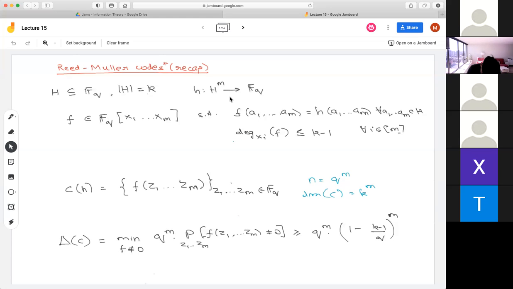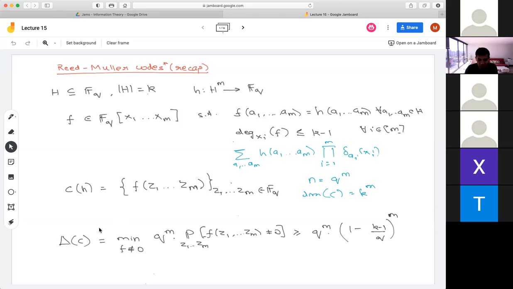So this was just a summation, where we have this delta a_i evaluated only on the variable x_i, which is the same polynomial that came up in Lagrange interpolation of degree k minus 1. And we multiply one such polynomial for every i, so we get degree k minus 1 in every variable.